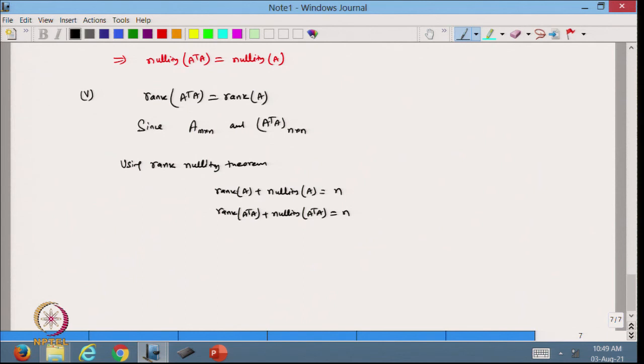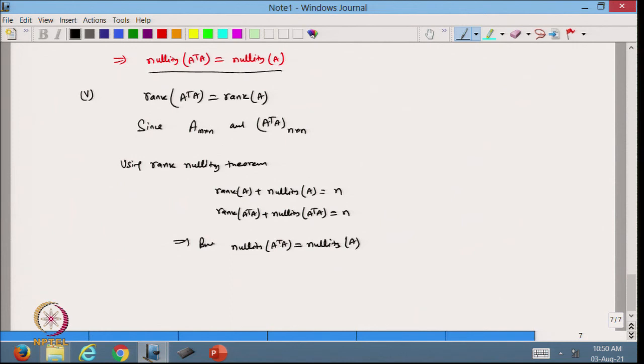Now the nullity of A transpose A is the same as the nullity of A, which we have seen here.